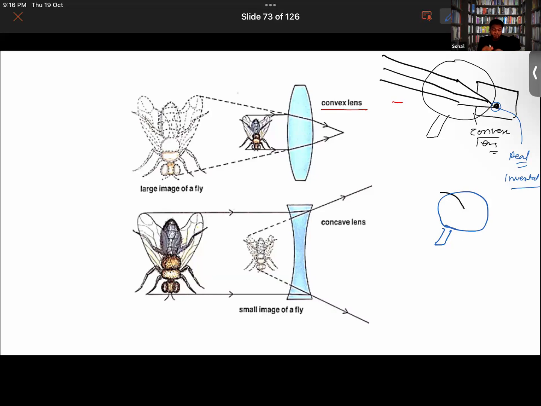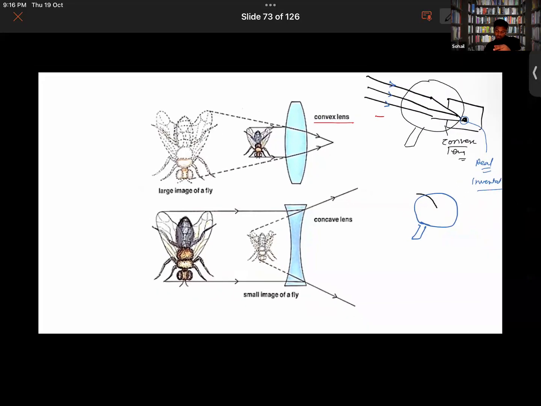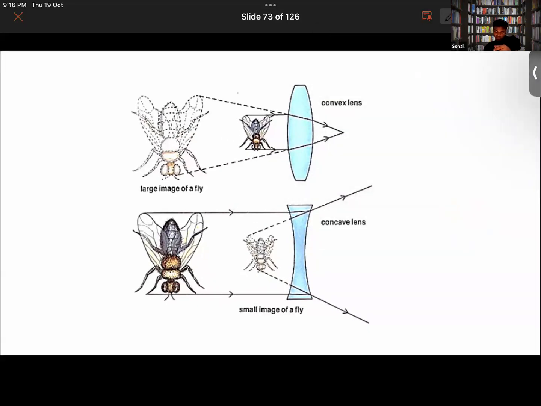It happens because of the sun's rays passing through this lens. They are parallel rays. Say this is a magnifying glass having a convex lens, and we know convex lenses converge the light rays.